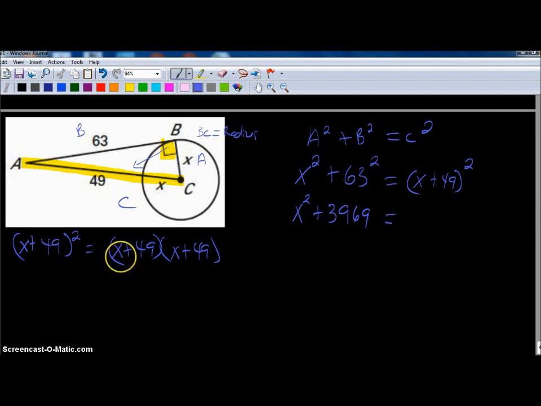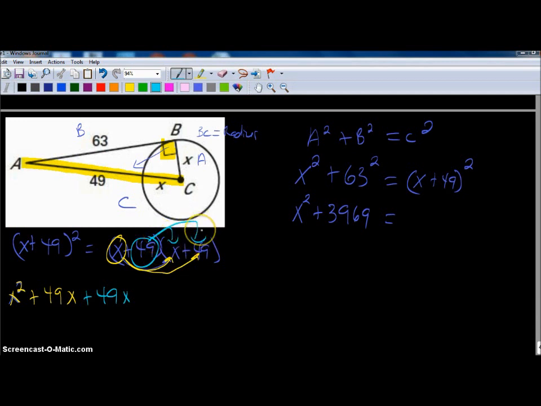So we do FOIL. X times x, x squared. Try to do a different color so you can distinguish. And then x times 49, that is 49x. Then we have to get 49 times x, which is another 49x.